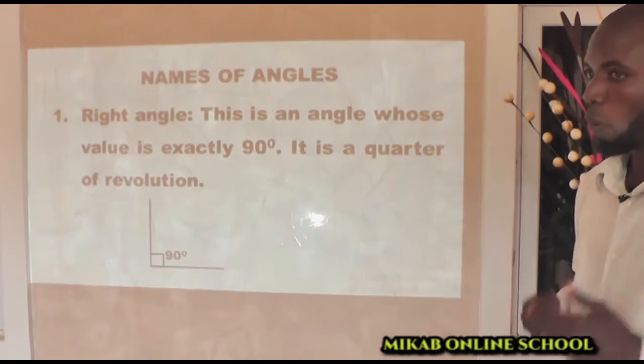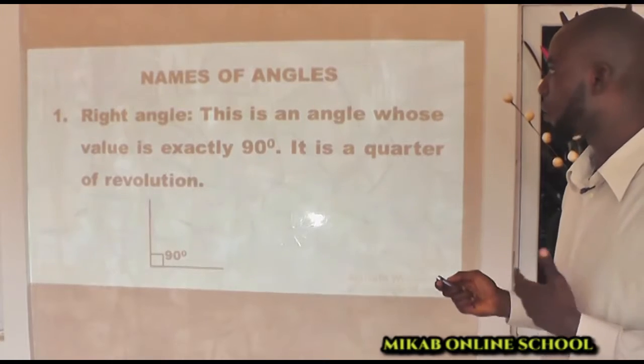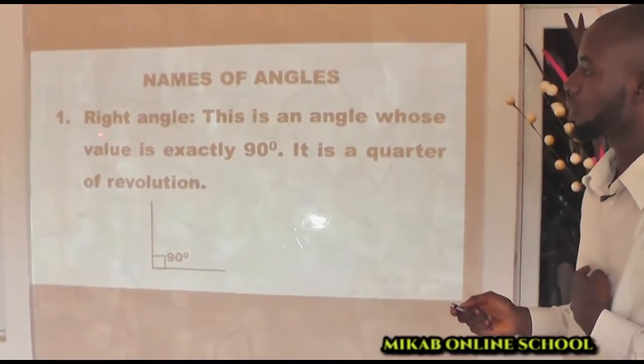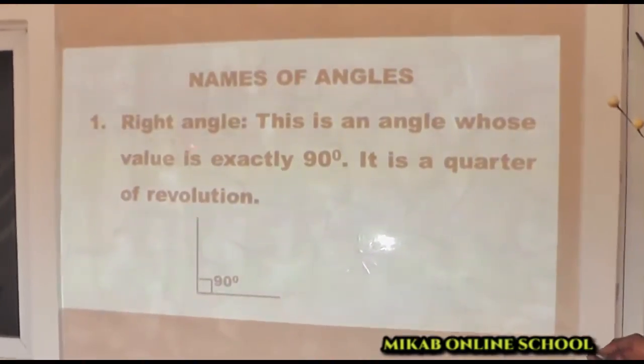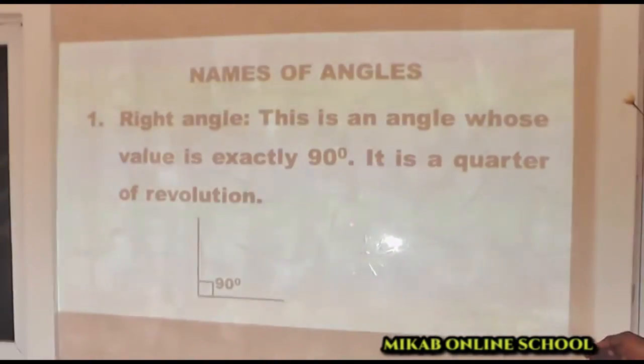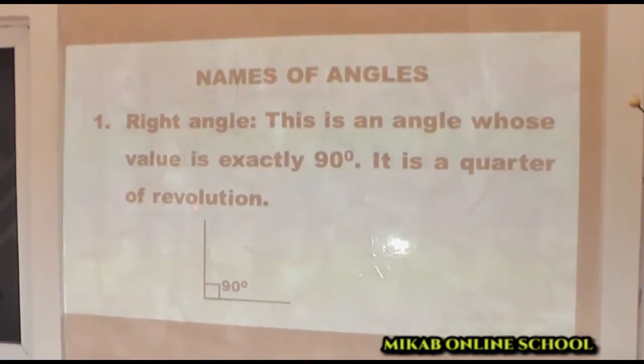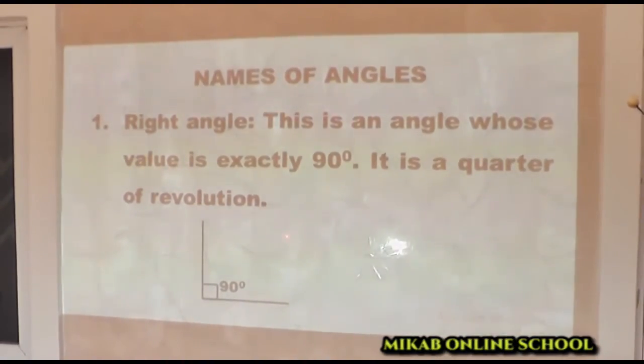One of the names of angles is a right angle. And if you are talking about a right angle, this is defined as an angle whose value is exactly 90 degrees.